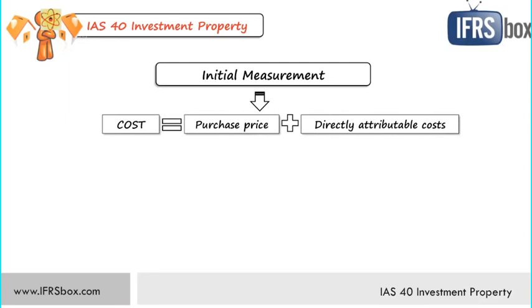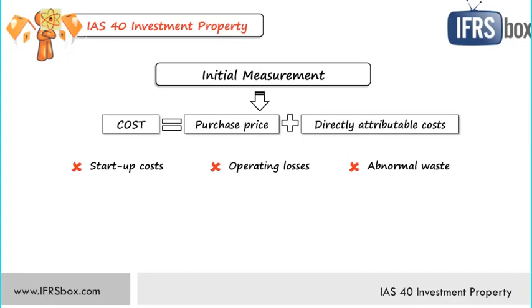Be careful because we do not include any startup expenses to investment property, well, unless they are directly attributable to that property. We also don't include any operating losses in pre-operation stage or until reaching a full capacity, and abnormal waste of materials, labor, and other resources incurred at development of investment property.